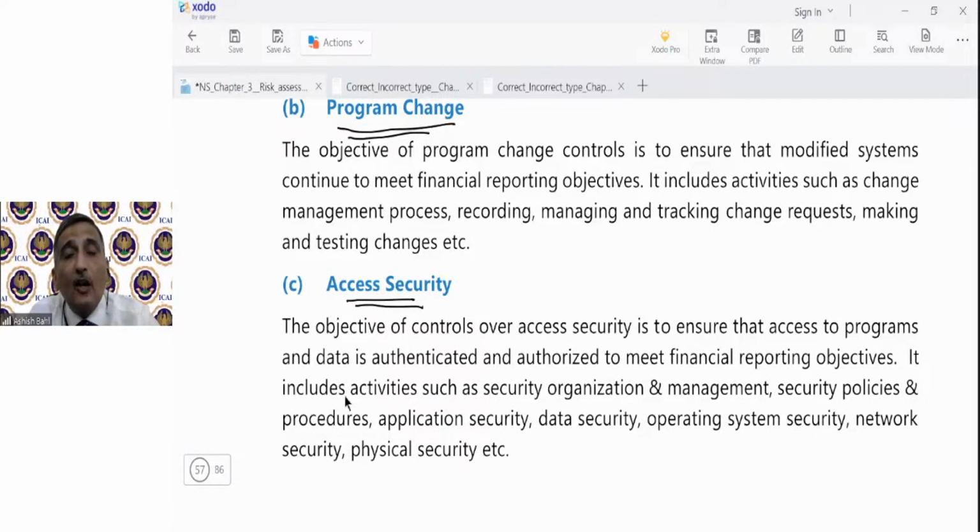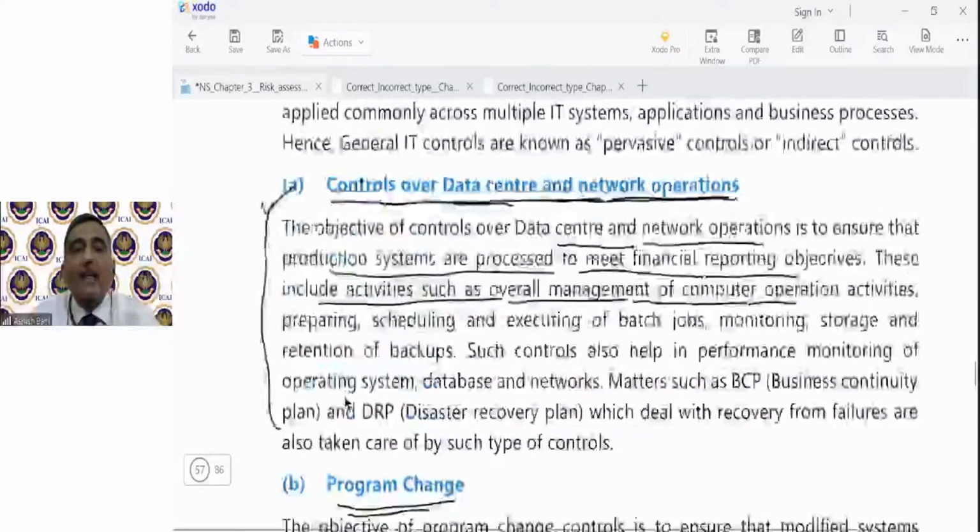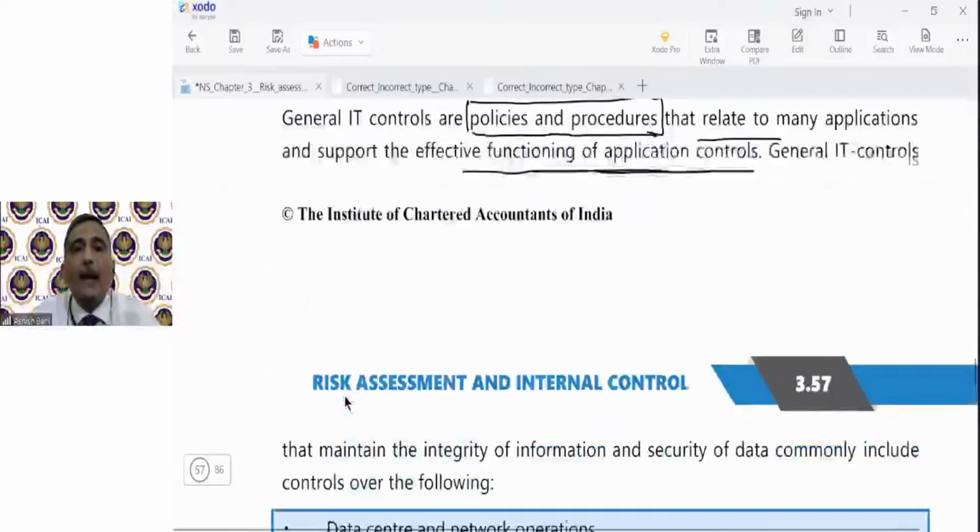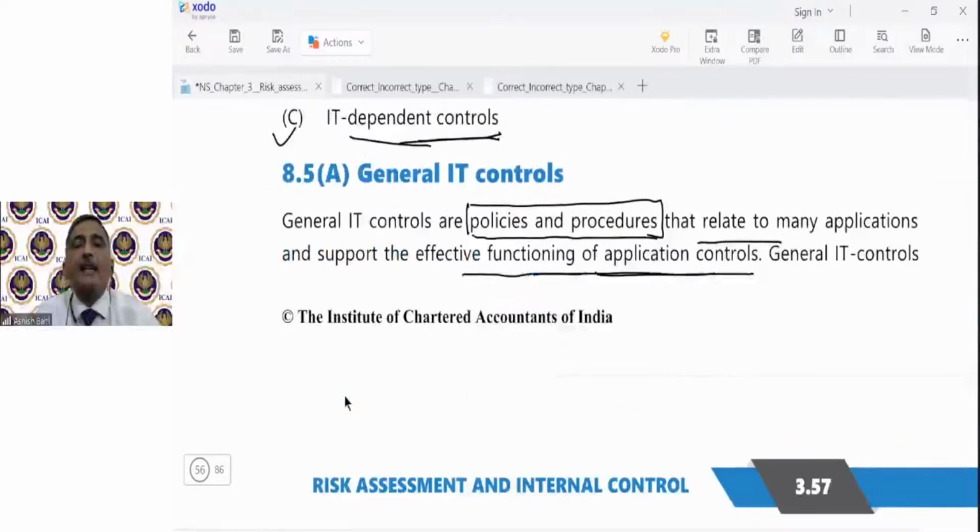Some users may not be able to access all the programs or all the applications. So such controls are known as access security controls. Students, I am again repeating that general IT controls are those controls which are not restricted to one application.